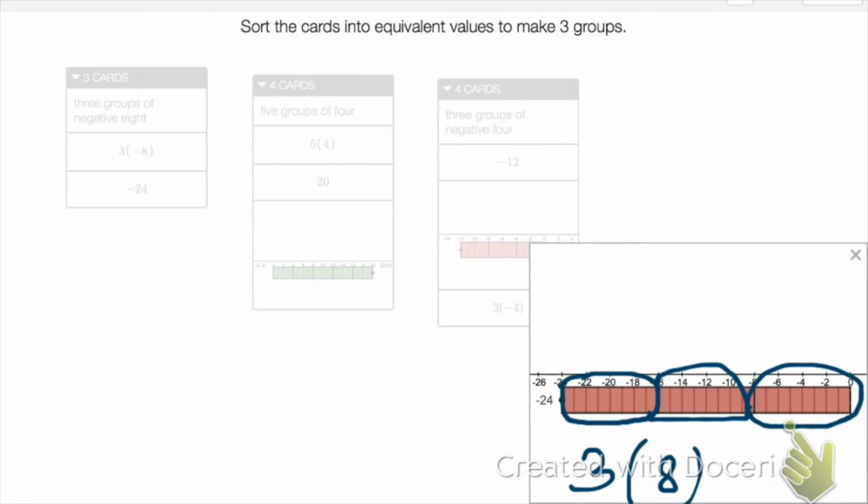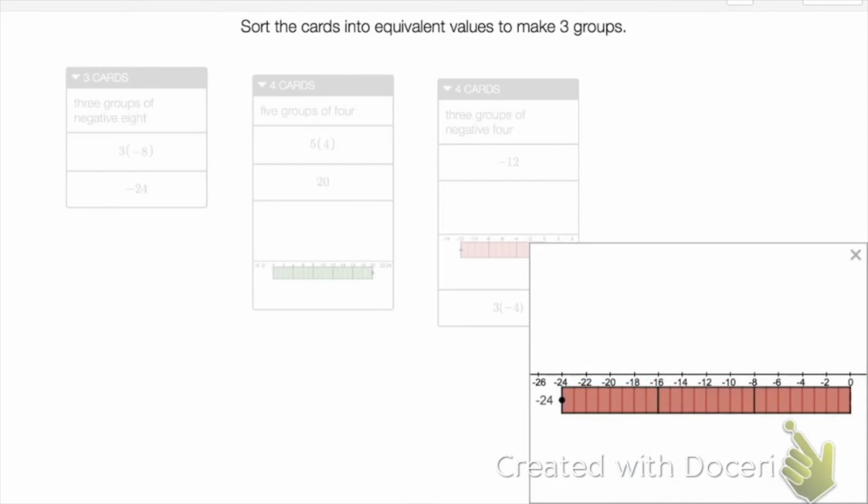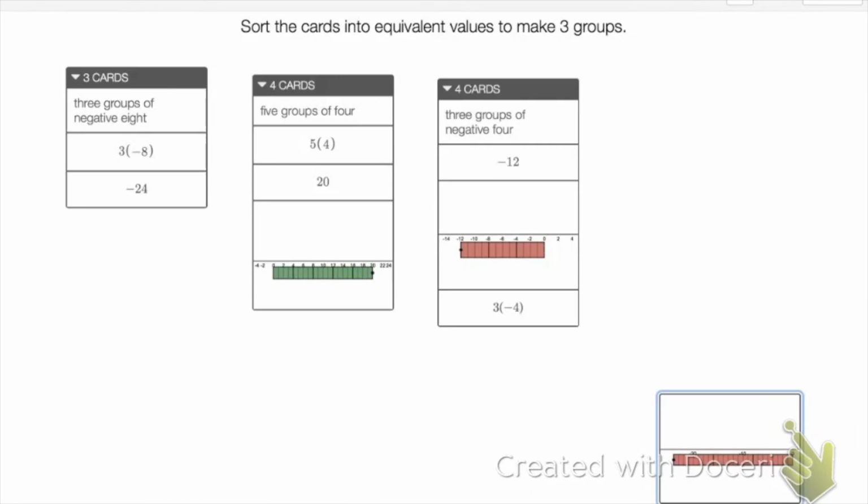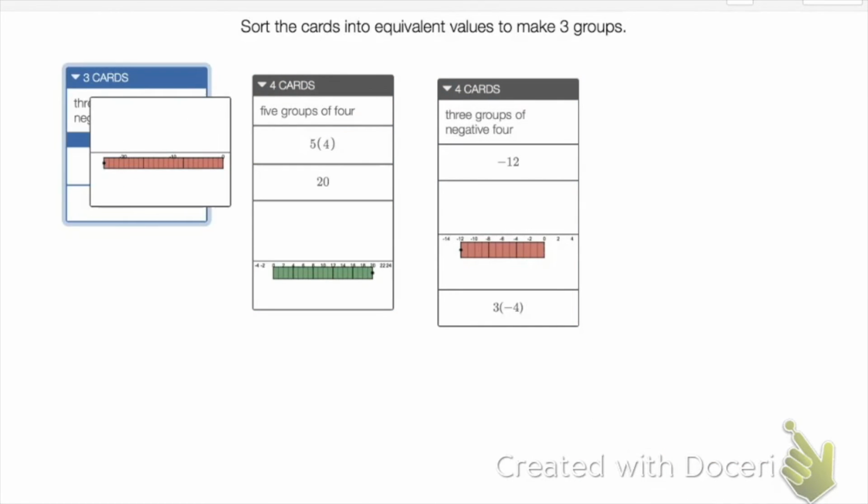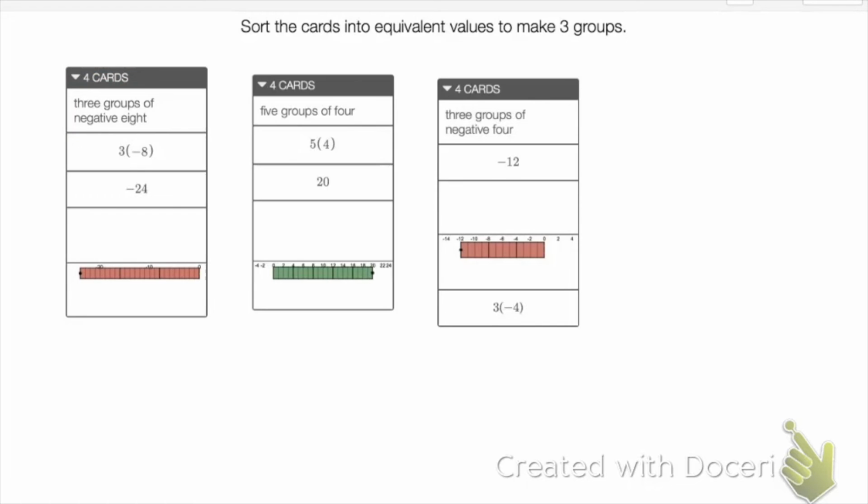The next thing I need to pay attention to is, does it go to the negative side? It is. So we put negative 8. So this is 3 groups of negative 8. So I will move this to 3 groups of negative 8. And I just finished this slide.